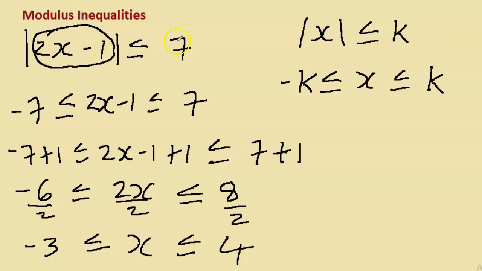Is 7 less than or equal to 7? Yes. Let's try 0, because 0 lies between 4 and negative 3. 2 times 0 is 0, so what you have is negative 1. What's the modulus of negative 1? Positive 1. Is positive 1 less than or equal to 7? Yes, it is.